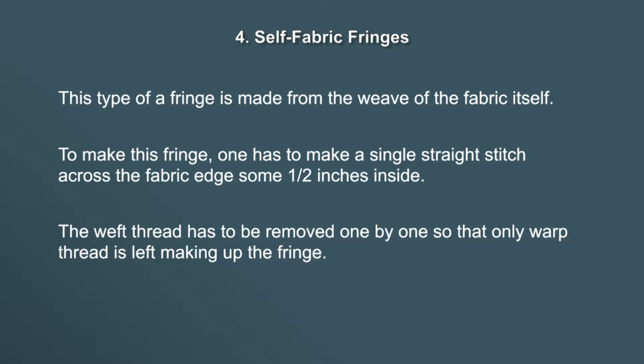To make this fringe, one has to make a single straight stitch across the fabric edge, some half inch inside. The weft threads have to be removed one by one so that only the warp threads are left, making up the fringe.